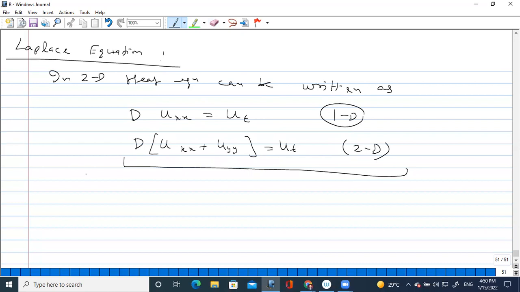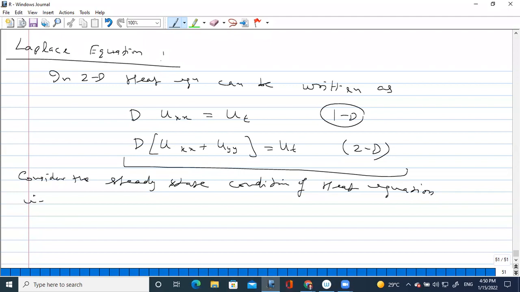Okay, now consider the steady state condition of the heat equation. A steady state means with time it will not change. So consider the steady state condition, that is del by del T tends to 0.